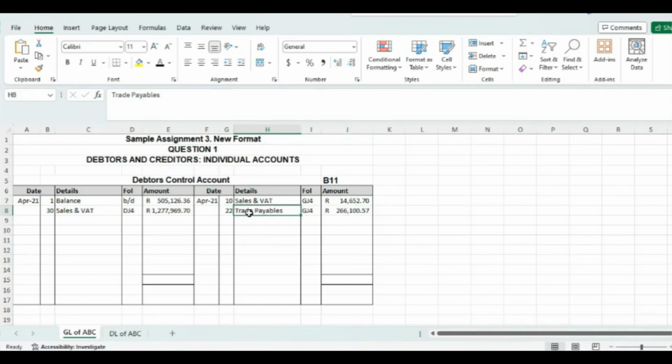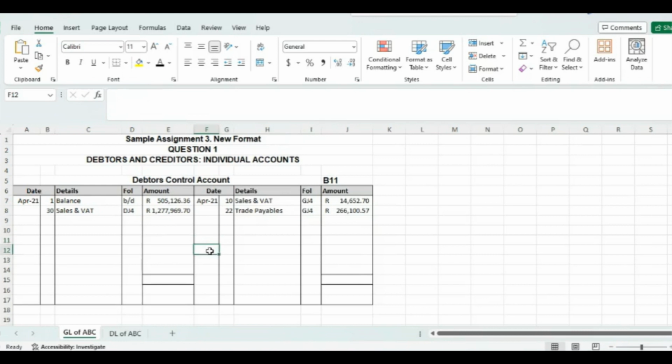The contra account there is trade payables. For us, it's trade receivables. In the one books, in the other set of books, it's trade payables. And so we record that amount there. Then we also had some returns. You will remember that.